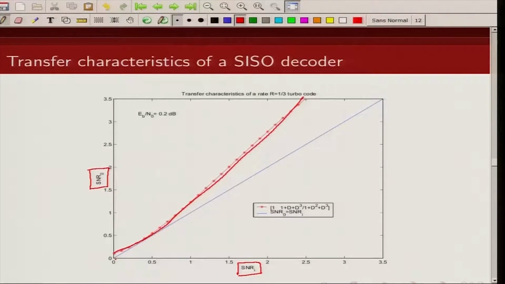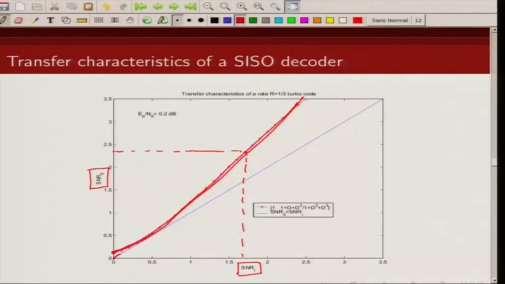Initially I do not have any a priori knowledge, and this is the amount of extrinsic information which is generated. So, this transfer characteristic will tell me, for a particular input a priori information, what is the corresponding extrinsic information SNR.